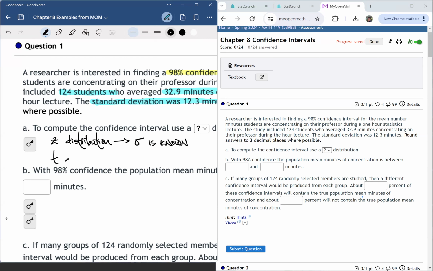But the t distribution, that's used when our standard deviation for the whole population is unknown. Okay. So that would be really important for us to know. Do we know the standard deviation of the entire population or do we not?